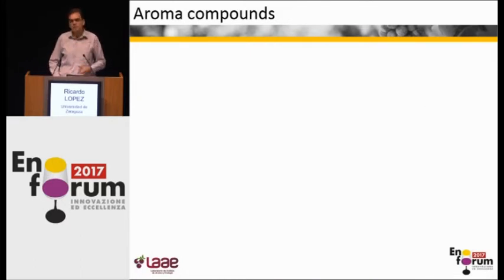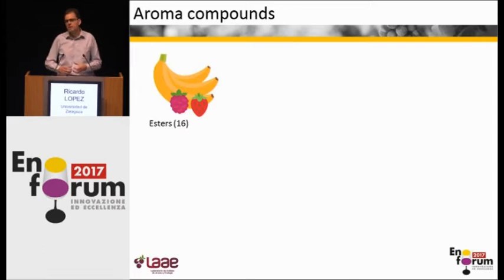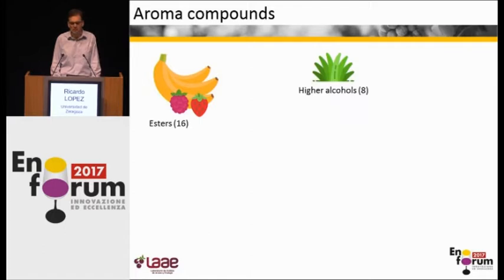So instead of showing you today the raw data, all the concentrations in a table, we group the chemical families and assign to them their principal aroma vector or aroma node. The 16 esters that we analyzed are responsible for the fruity aroma.